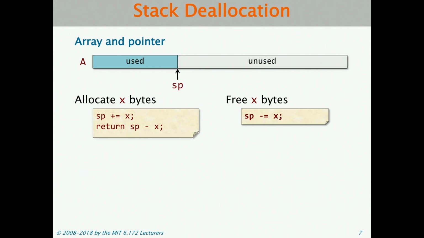Here we just decremented SP by X, and everything after SP is now considered to be free. And again, if you're careful, you would check for stack underflow. But again, the compiler usually doesn't do this, because if you do have a stack underflow, there's a bug in your program and you'll get a seg fault and you should go fix it.